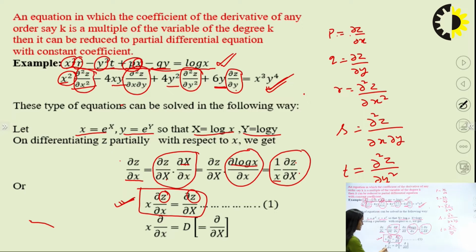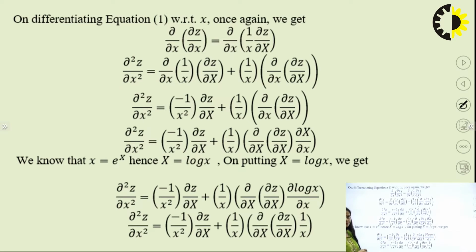So hence small x del upon del of small x is equal to del upon del of capital X, which is nothing but equal to capital D. As we know that we are used to write del upon del of small x is equal to capital D and del upon del of small y is equal to D dash. So similarly we have changed this into del upon del of capital X. So again we will assume it as capital D.